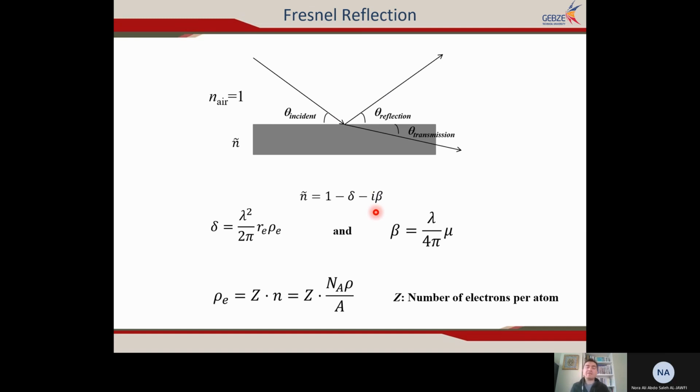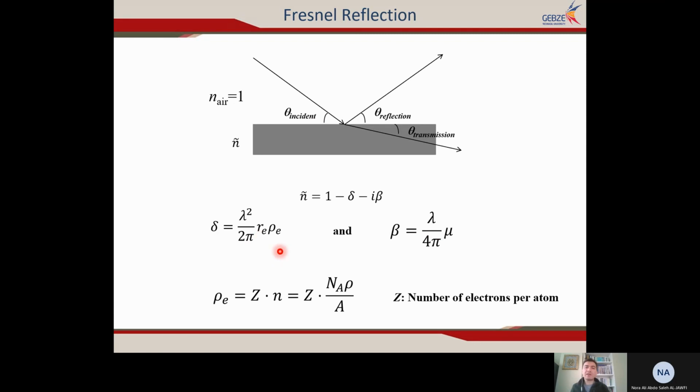And again, as we have discussed, delta is given with lambda square over 2 pi, and here we have the classical electron radius, and here we have electron density. This refractive index includes the electron density of this material. And beta includes the wavelength of the incoming X-ray beam over 4 pi and the absorption coefficient of the material.